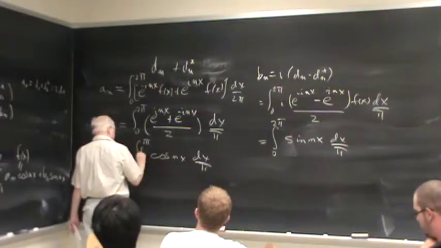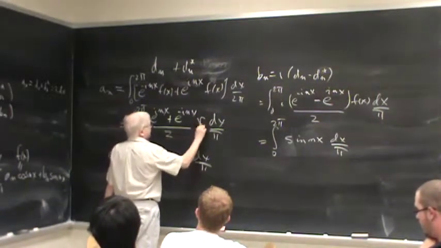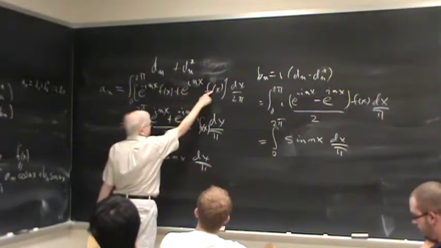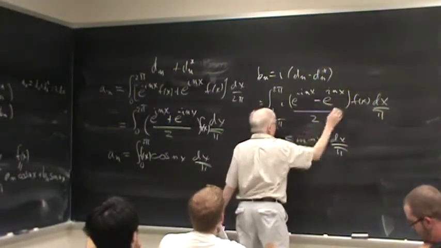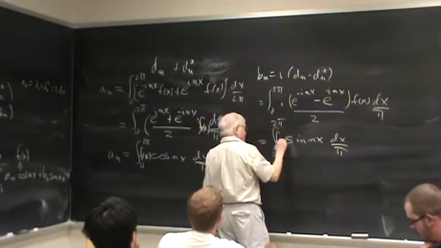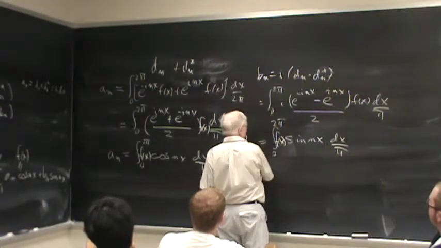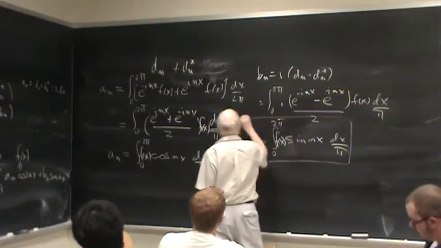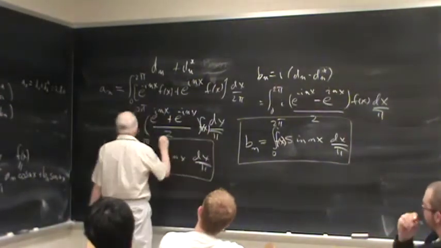I left out the f of x. And I left it out here also. My goodness. Okay, so we have f of x here, also there. And here we have an f of x, so we have f of x here. So these are the bn coefficients. So the bn's are like that, and the an's are like this.